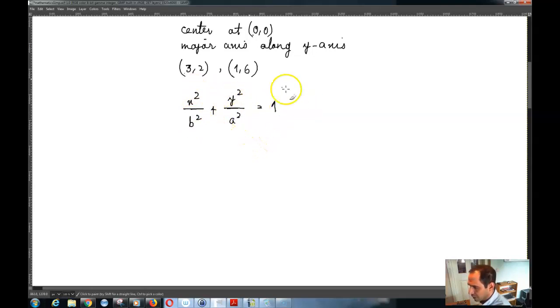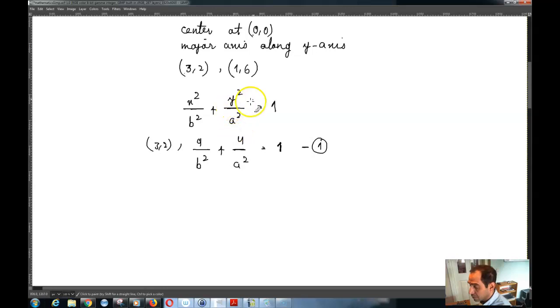And now this ellipse goes through, for example, this point, 3, 2. So I can write 9 by b squared plus 4 by a squared is equal to 1. And I call this equation number 1.